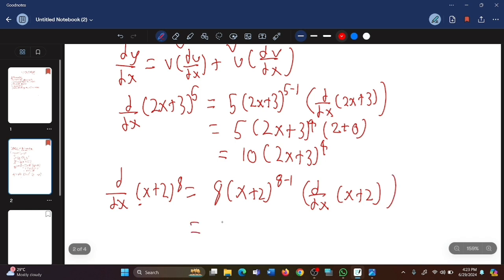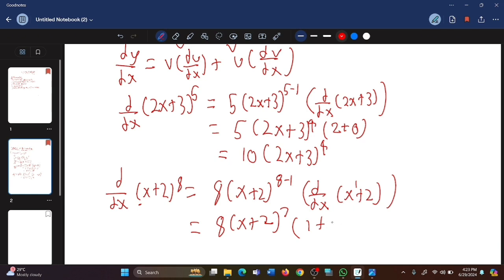Now let's simplify the equation. 8 (x plus 2) to the power 8 minus 1, that is 7. And if we differentiate this, it becomes 1. The power of x is 1, so we bring 1 in front, then subtract 1 from the power, that is x to the power 0. Then it becomes 1 plus 2, and if we differentiate a number without a variable, that becomes 0.